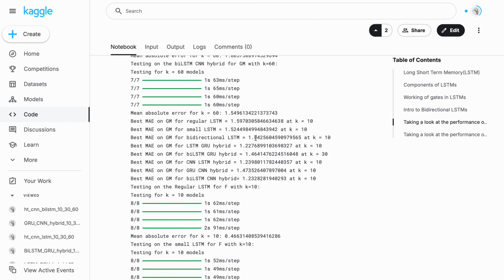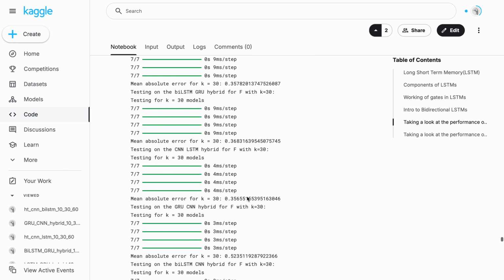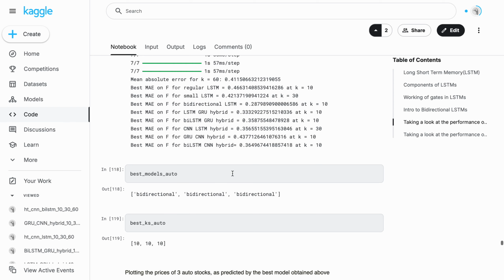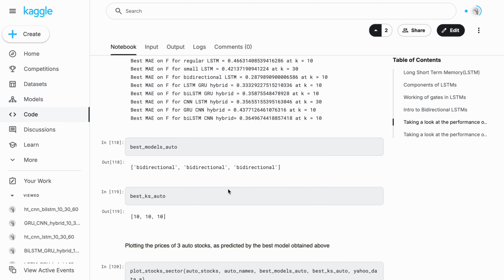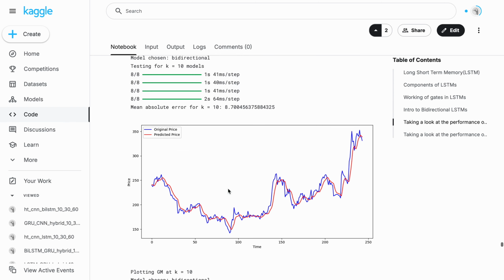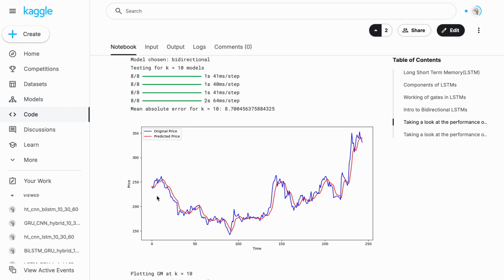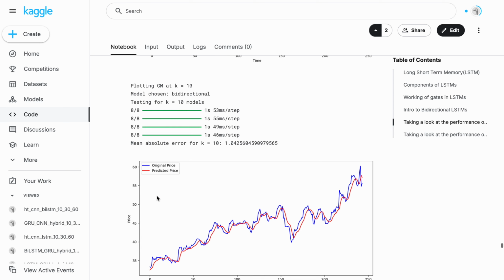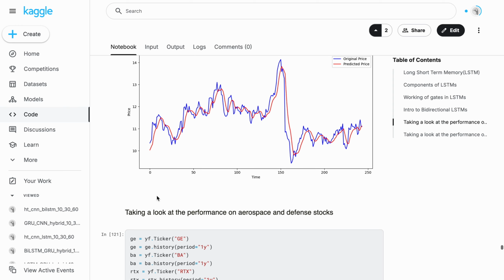Similarly for General Motors, again bidirectional is the best, followed by CNN LSTM hybrid, and for Ford as well, bidirectional is once again the best model, followed by the LSTM GRU hybrid. So we see that the LSTM GRU hybrid actually does quite well for automotive stocks, although bidirectional LSTM is still the best model. And now I've got the predictions, and the error is very similar, about 2 to 3% for all of the models.